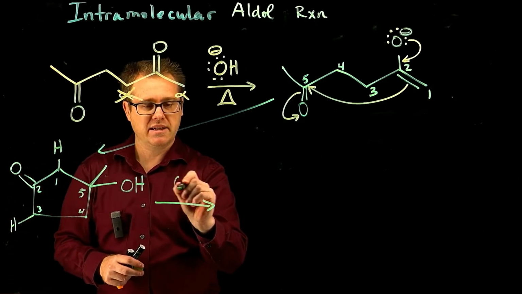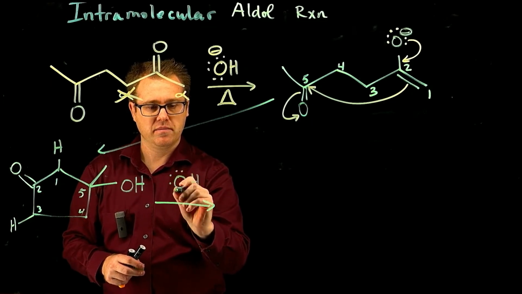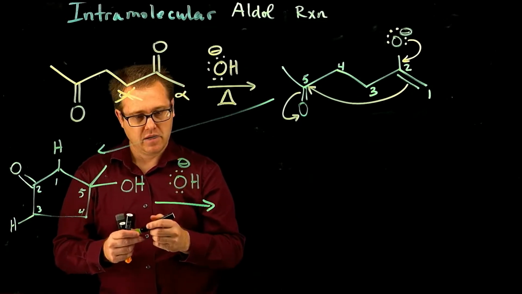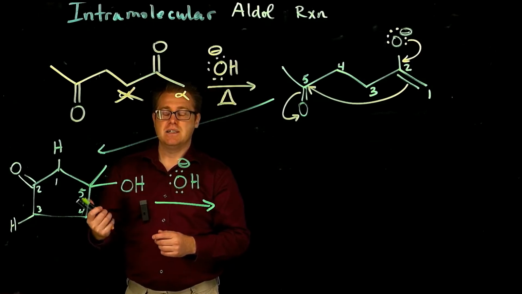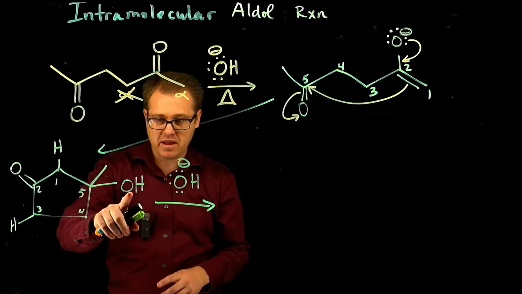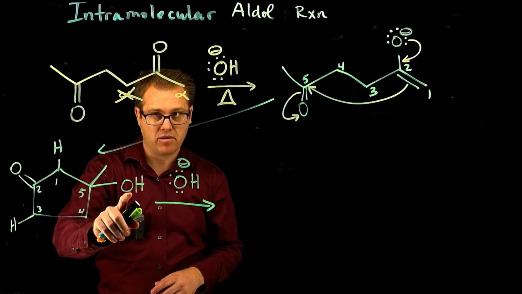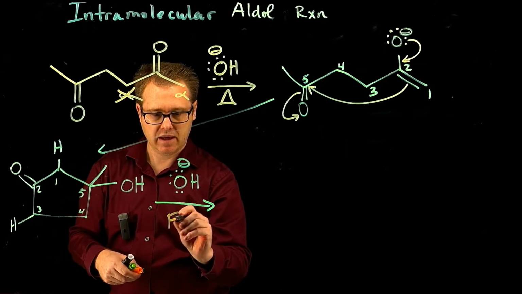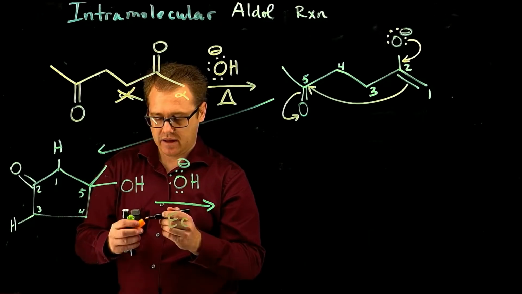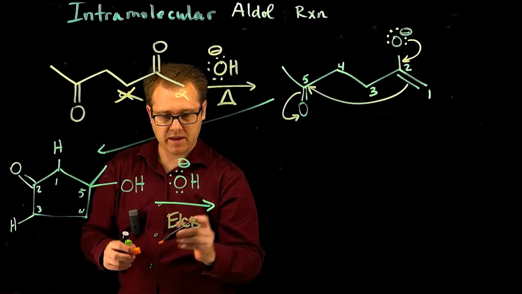And we still have base hanging around. So this base is going to abstract the proton that's going to eliminate the alcohol in the E1CB mechanism.